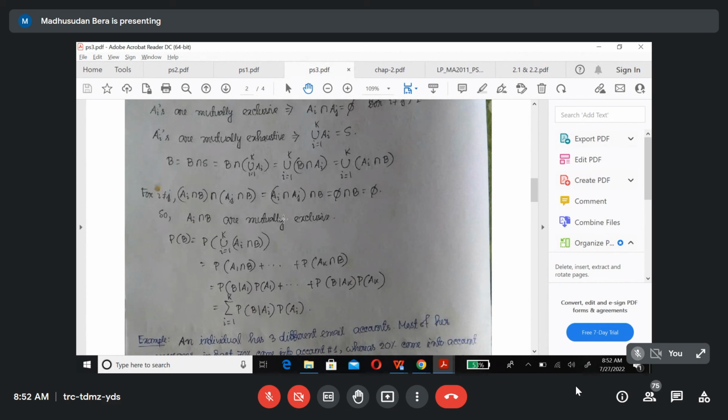That thing is called the total law of probability. Why total law of probability? Whatever collection A1, A2, up to AK, that covers the whole sample space. If we know the probability of those events and B given AI, then we can find the total probability of B by using this formula. This is the total law of probability. So this formula is okay.